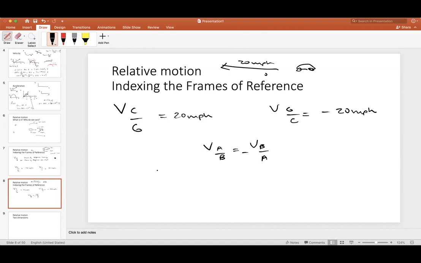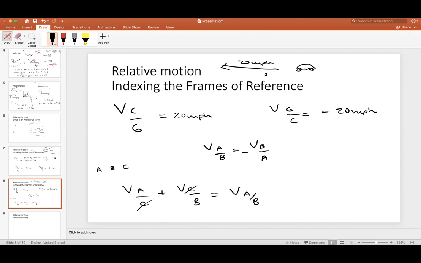Secondly, if we have three, so if we have A, B, and C, three objects or three reference frames, whatever. V of A over C plus V of C over B is equal to V of A over B. So what you do is you cancel these just like you would cancel units, and you get V of A over B, okay?